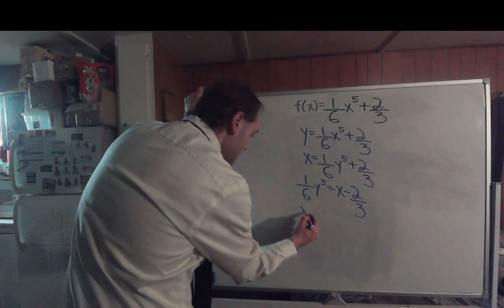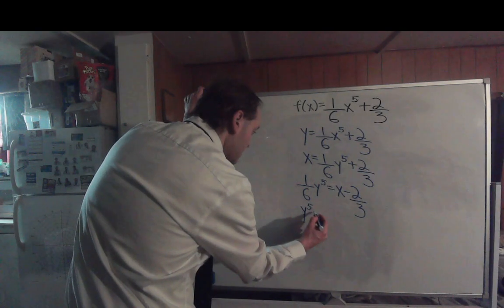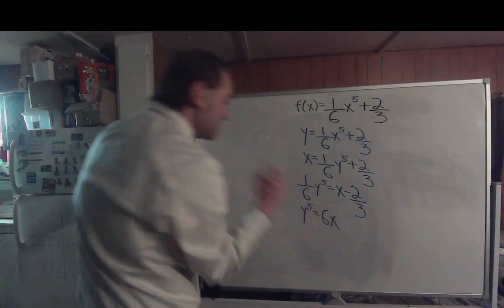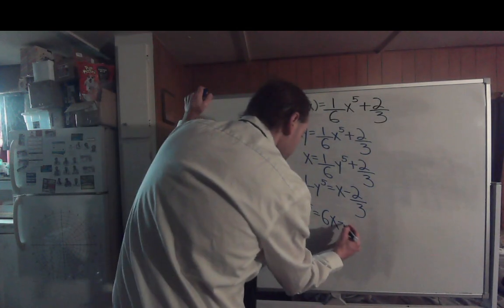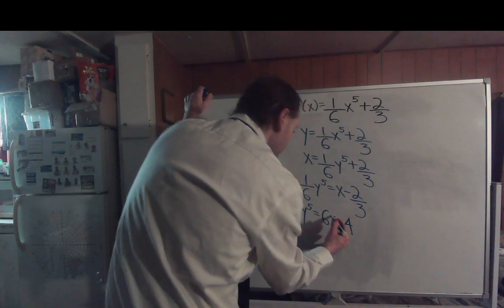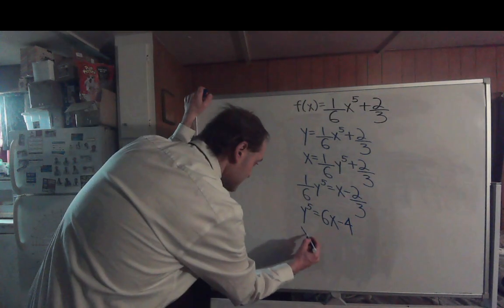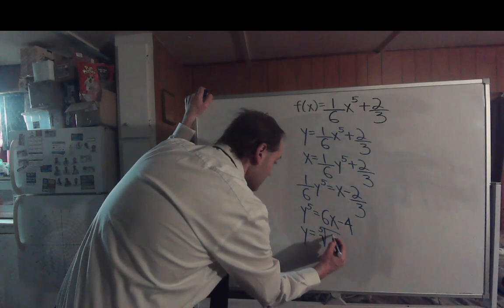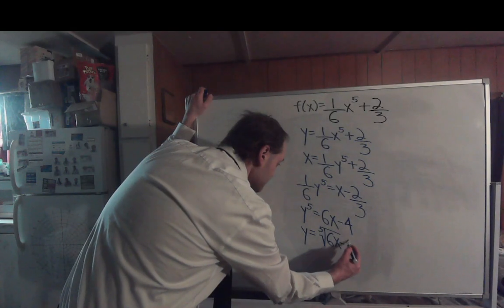So then y to the 5th would end up equaling 6x minus 4. Which then means that y would equal the 5th root of 6x minus 4.